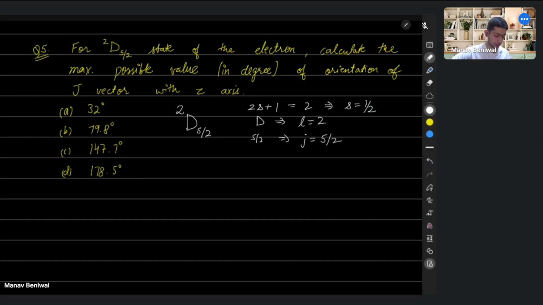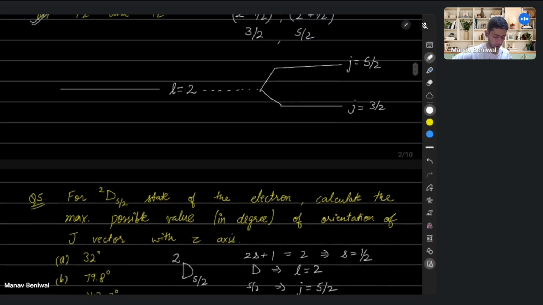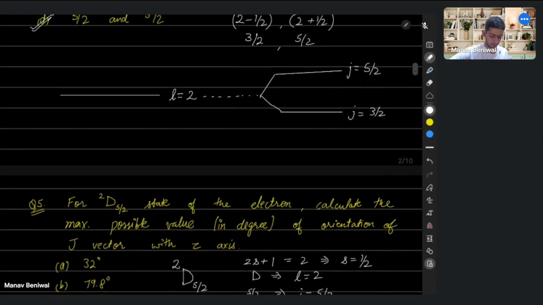This is similar to the last problem which we just solved. So here we had a d orbital, and because of spin orbit coupling we get these two states, j is 3 by 2 and j is 5 by 2. So in the current problem we are talking about this state, j equals 5 by 2.